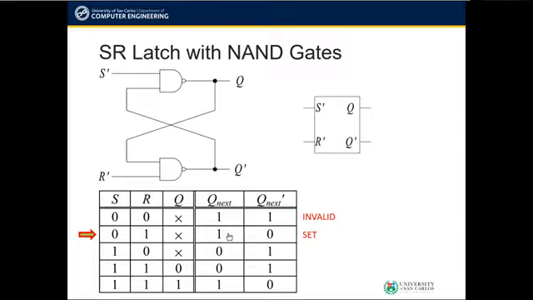This behavior of the SR latch is again called set, since the present value of Q is always set to 1 on its next value. Q next prime is simply the complement of Q next for this input-output behavior.